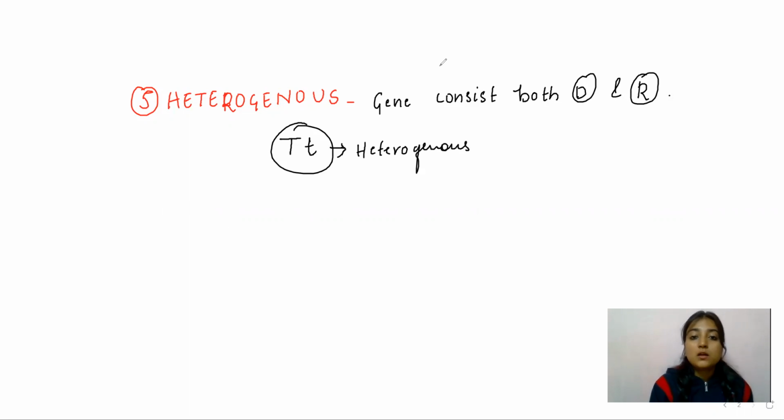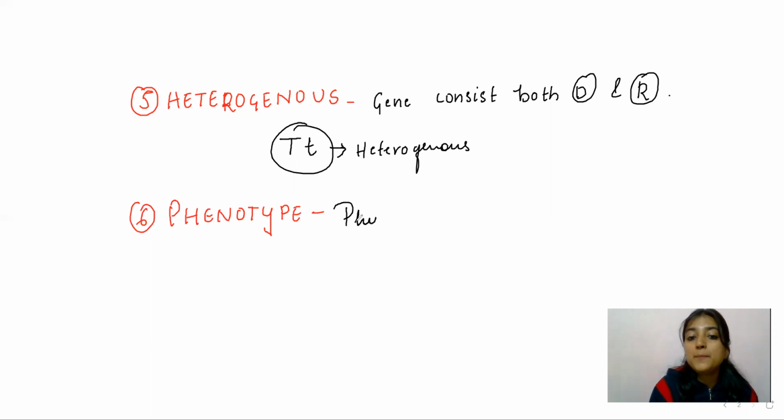Now, the sixth term is phenotype. The phenotype is defined as the physical appearance of an organism.